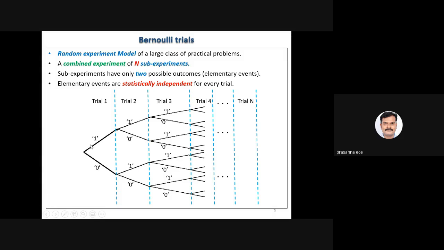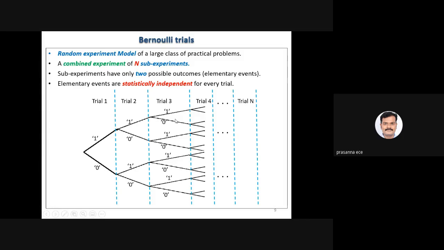Suppose we have different trials. This is trial 1, trial 2, trial 3 up to trial n. Each trial results in either heads or tails. The second trial also can result in a head or tail. The third trial similarly head or tail. Each path along this tree represents a sequence of trials.